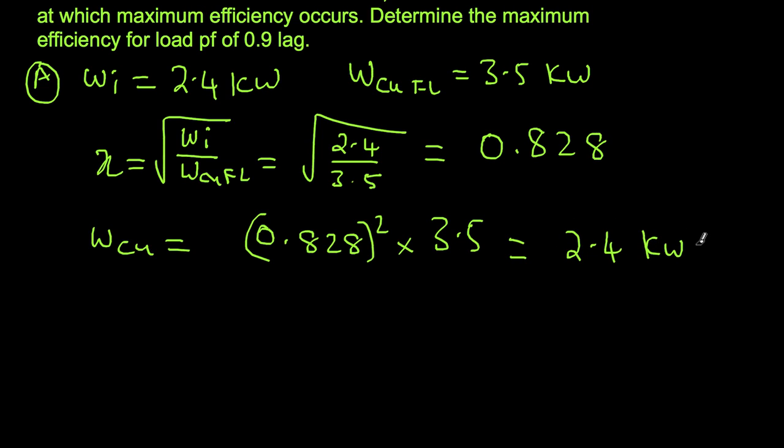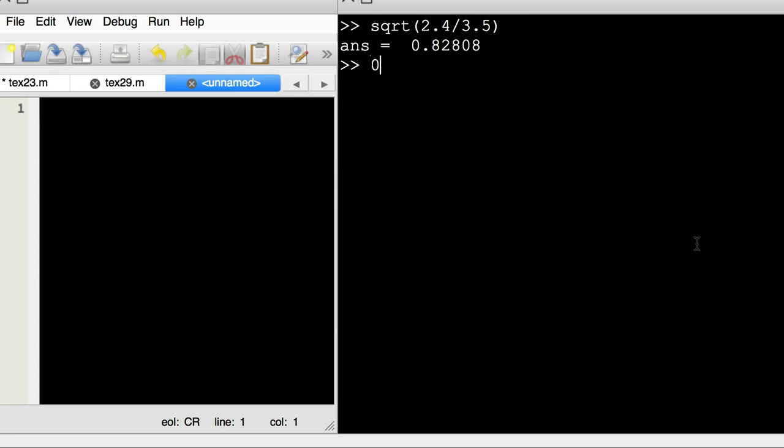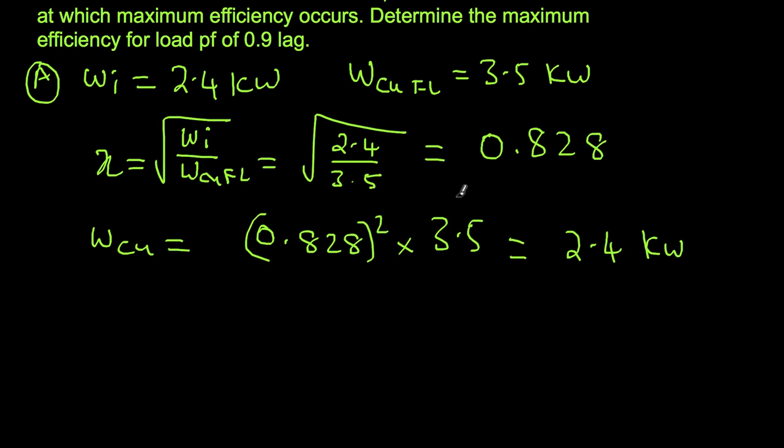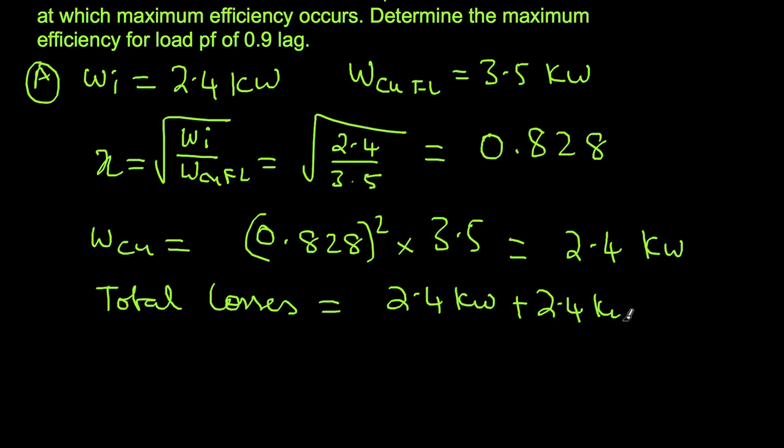Let's verify that. 0.828 square multiplied by 3.5 gives 2.3995, which is nothing but 2.4 kilowatt. Therefore total losses will be 2.4 kilowatt plus 2.4 kilowatt, which is 4.8 kilowatt.